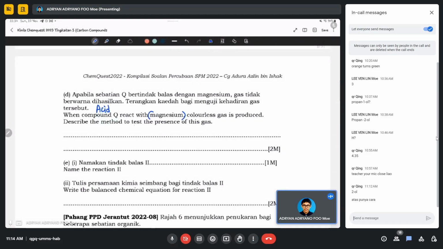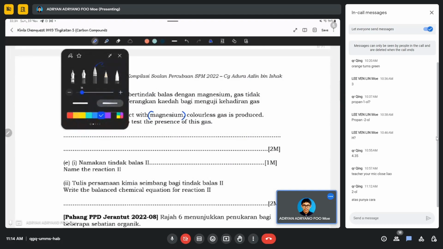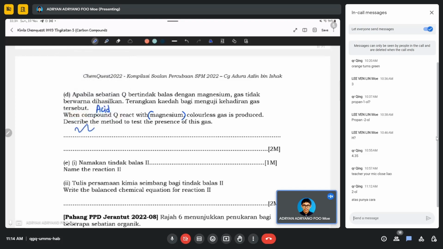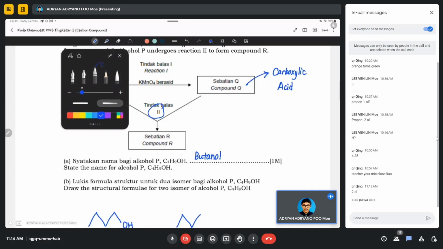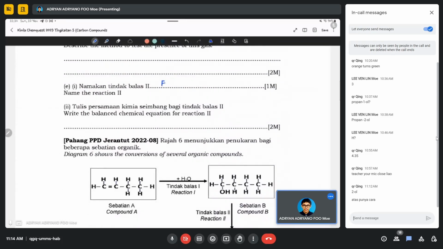It asks you to describe a method to test this gas. This is the lighted wooden splinter test we did in chapter 6, so you can write that. So far so good, easy. Name reaction number 2. An alcohol and an acid, don't overthink, only one possible answer: esterification.